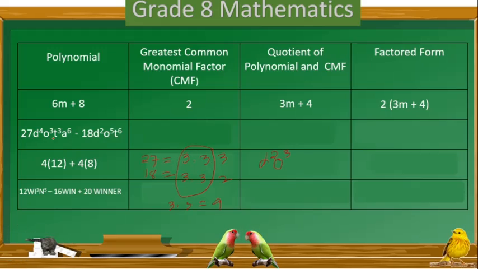Then for t we have t cube and t to the 6th, so we choose t cube. Then for a we don't have a, so we will omit a because a is not common to both terms. So we will attach this 9 to this one. So this is now our greatest common factor for this polynomial.